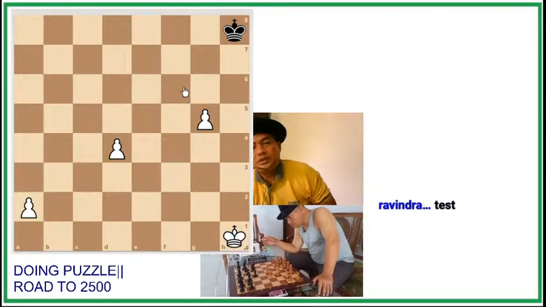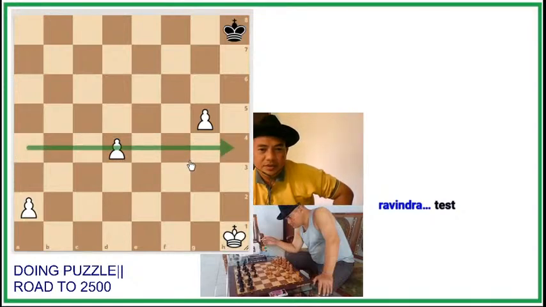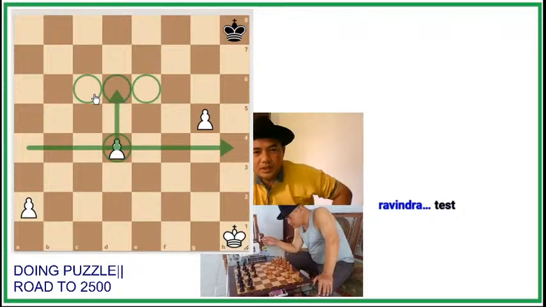And what about the pawn on the 4th rank, like here? When the pawn is on the 4th rank, the key square is here on the 6th rank. The key squares are 2 squares in front of the white pawn, and these 3 squares are the key squares.